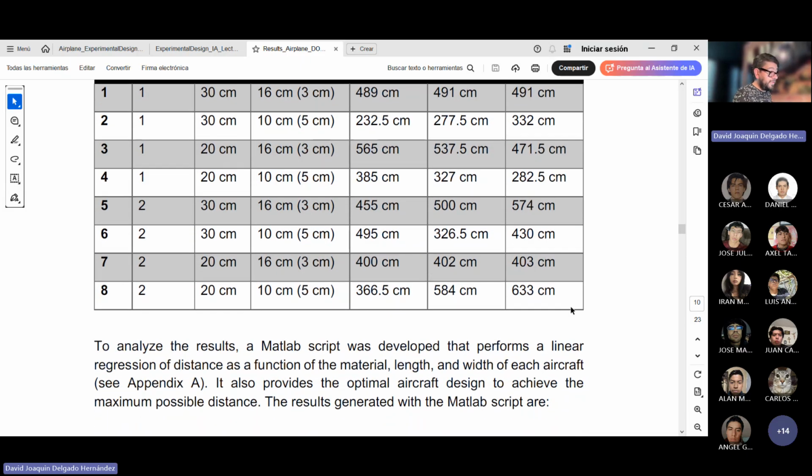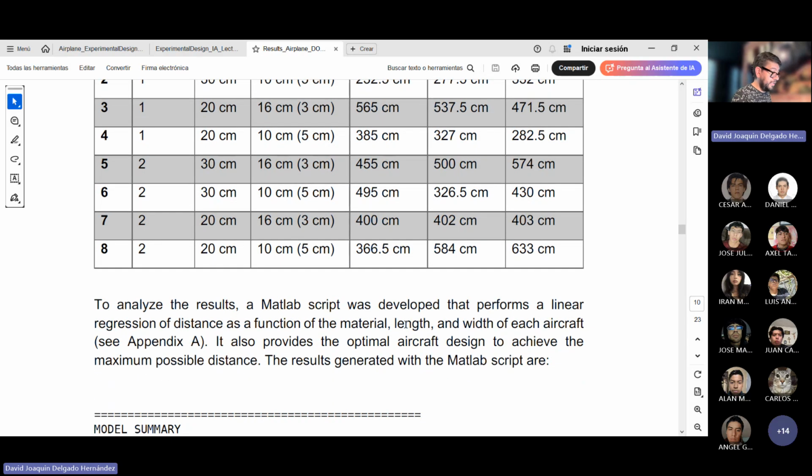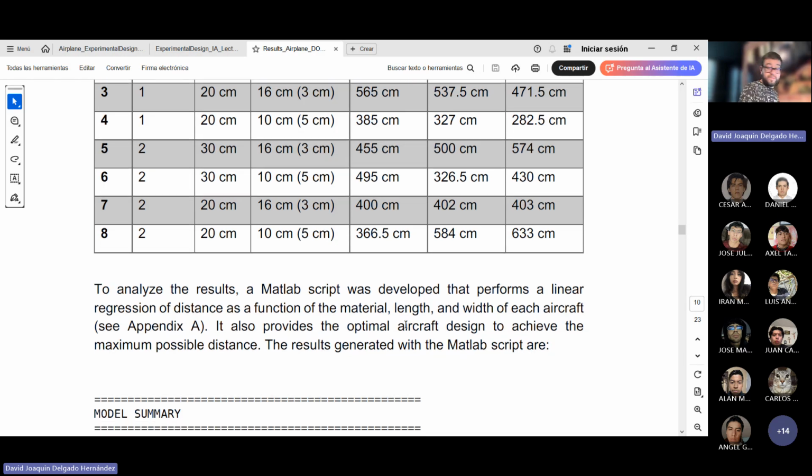To analyze the results, a MATLAB script was developed that performs a linear regression of distance as a function of the material, length and width of each aircraft. This is in Appendix A. It also provides the optimal aircraft design to achieve the maximum possible distance. The results generated with the MATLAB script are as follows.